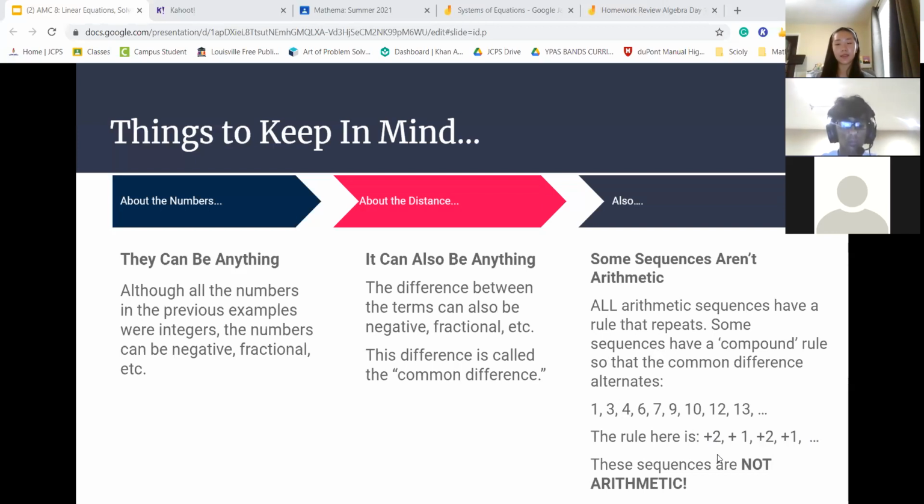There is a pattern, but since the difference is not the same each time, this is not an arithmetic sequence. If it multiplies, that's also a different type of sequence. With arithmetic sequences, you just add the same number again and again.